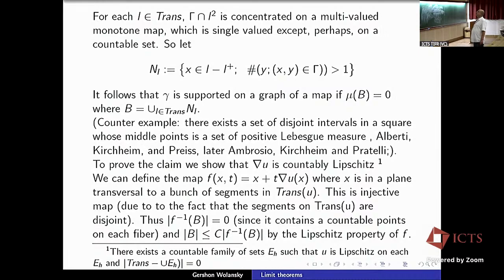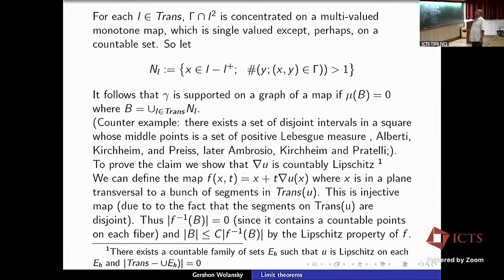In other words, all x for which there is a discontinuity on each transport line. So we can prove that gamma is supported on a graph of a map only if the set B, which is the union of all these bad sets, has Lebesgue measure 0. That's what we have to prove.